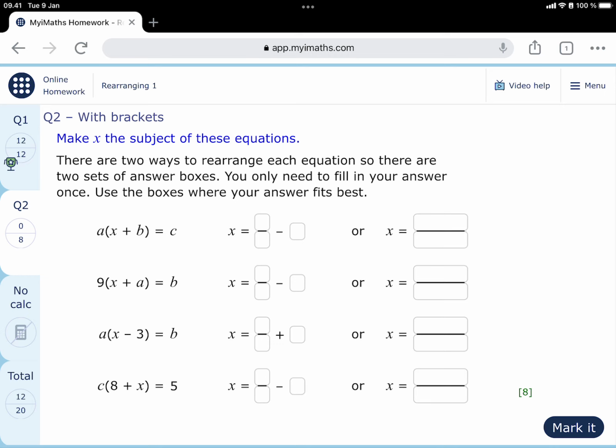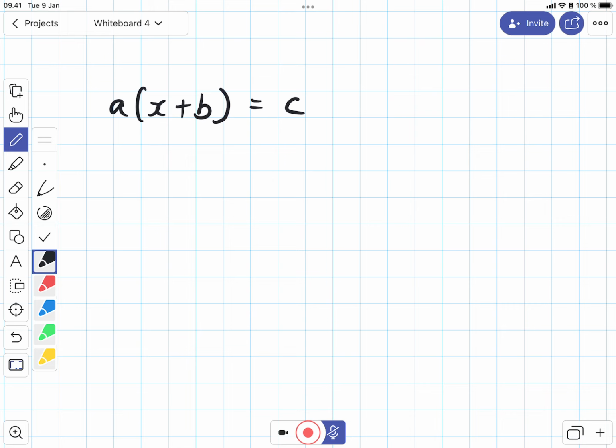For the first one, I'll look at how to do it both ways, and then for subsequent ones, I'll just do it one way. So the first one says a(x + b) equals c. I'm trying to get closer to the x. At the moment that x is in those brackets.